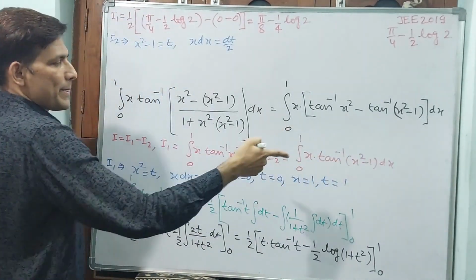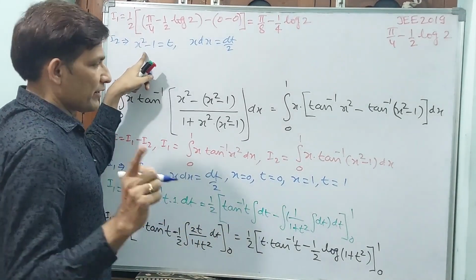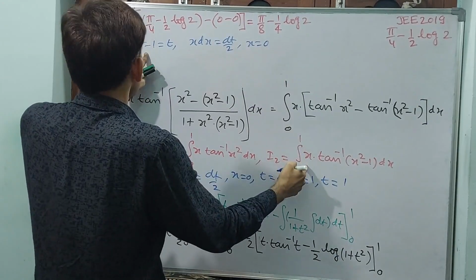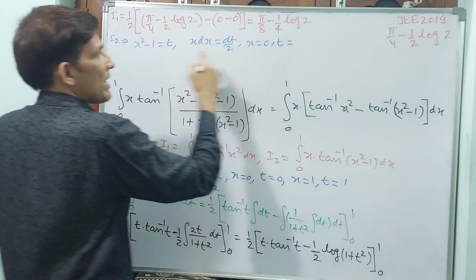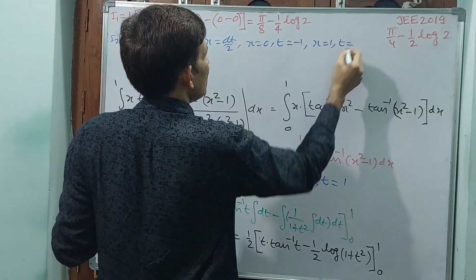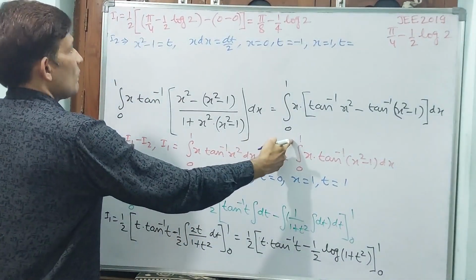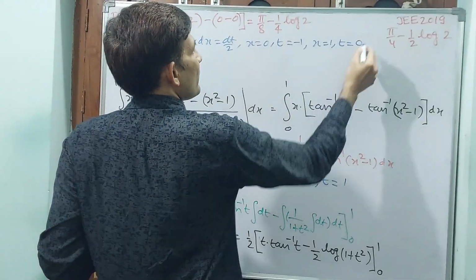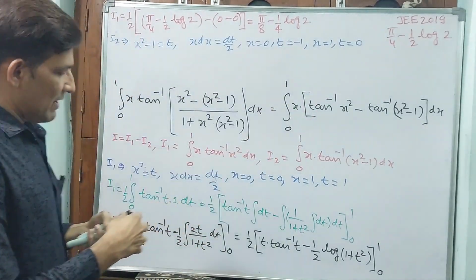And the limits are also the same? No, the limits are not the same. Carefully, how to do. Limits: when x is equal to 0, t is equal to 0 minus 1, minus 1 will come. When x is equal to 1, t is equal to 1 minus 1, 0. That means t goes from minus 1 to 0.